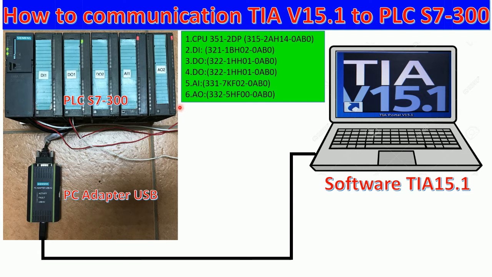Okay, and here is the CPU 351 2DP, and this is a serial number, and number 2 is the DI serial number, number 3 is DO serial number, and number 5 and number 6 are the AI serial number and AO serial number.